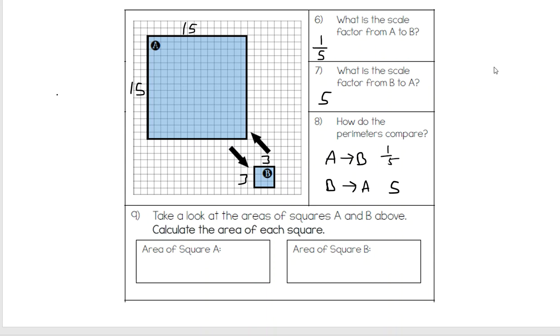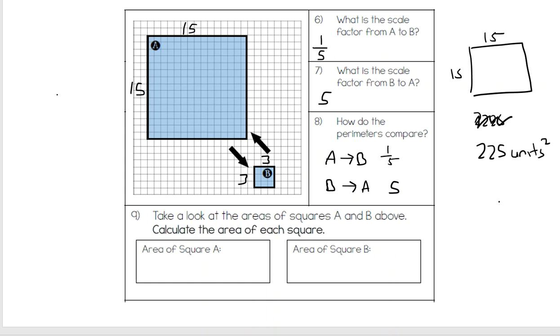So the area for shape A, remember to find area, it's length times width. So 15 times 15 would be 225. Sorry, I wrote that wrong. 225 units squared.